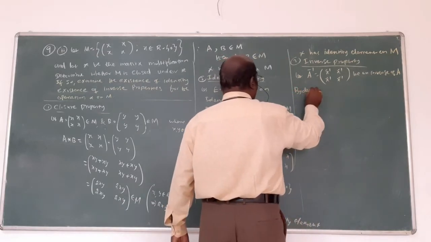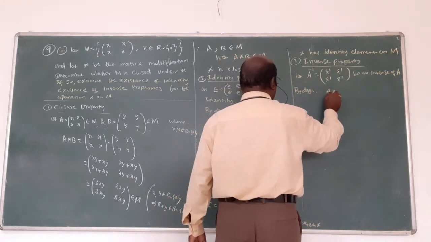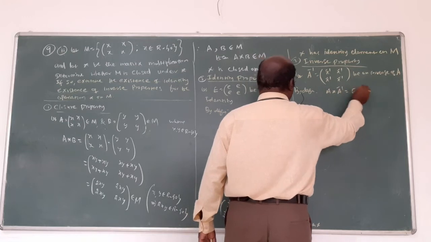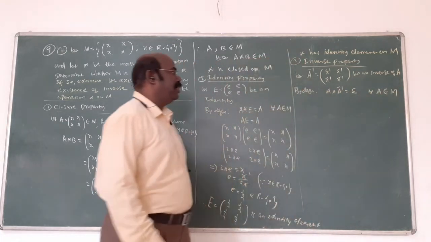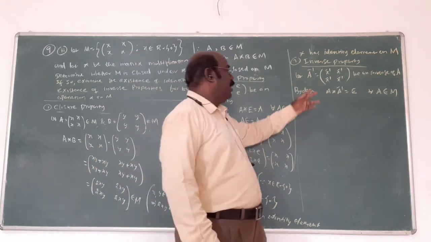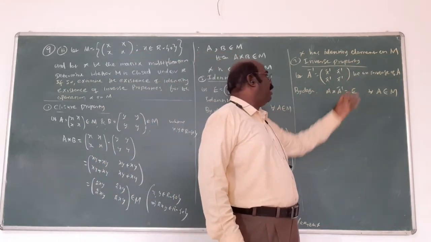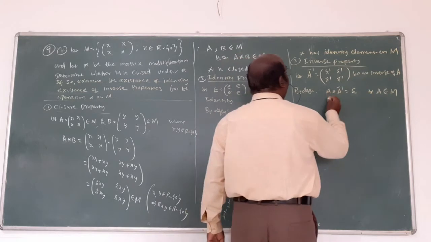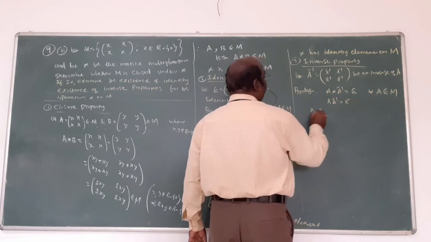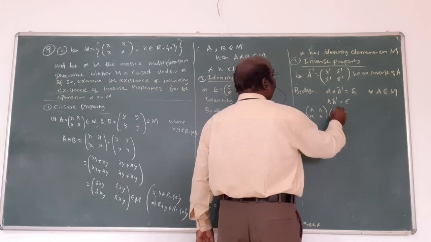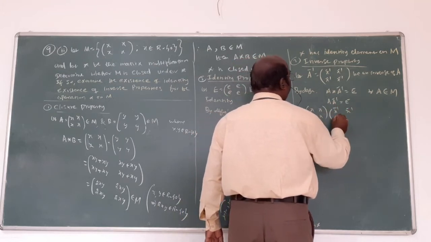The definition is a star a inverse equal to e for all a belongs to M. This is the definition. Whatever you want to assume, a inverse is the required element. Here a star a inverse: a is x, and a inverse is x inverse.